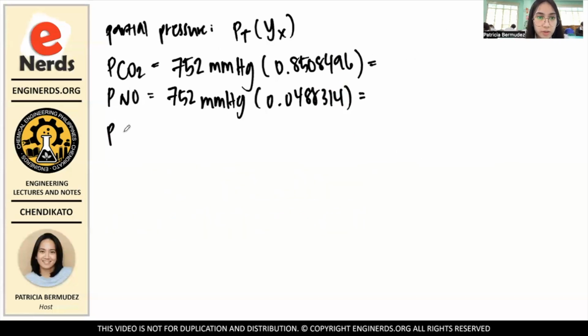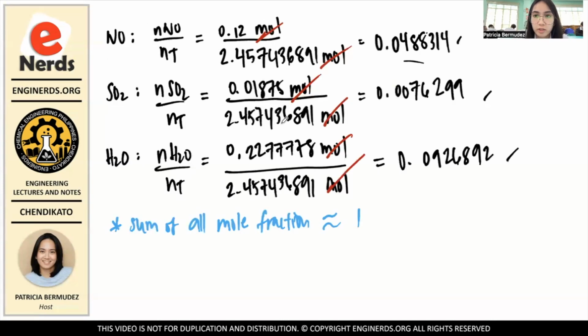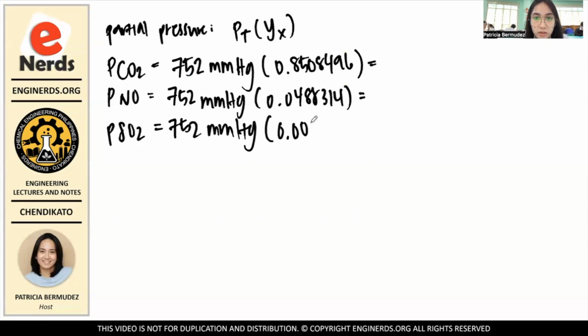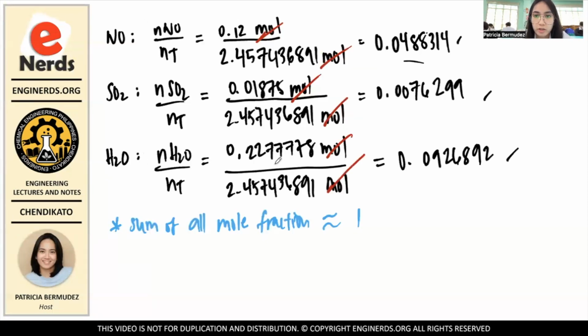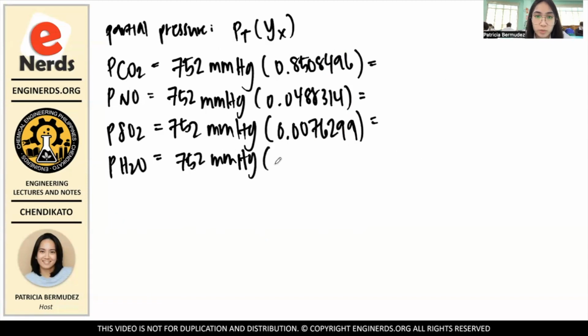And the partial pressure of sulfur dioxide is equal to 752 times its mole fraction, which is 0.076299. And then finally, the partial pressure of water is equal to 752 millimeter mercury times its mole fraction, which is 0.092689.